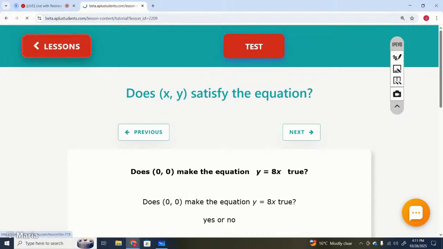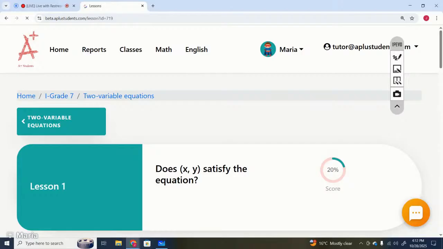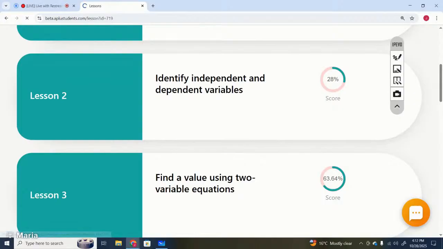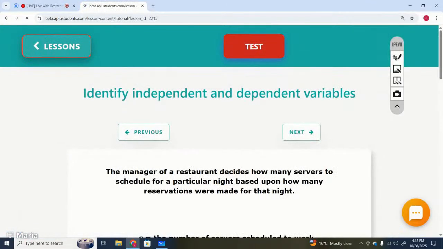The next lesson is identify independent and dependent variables.